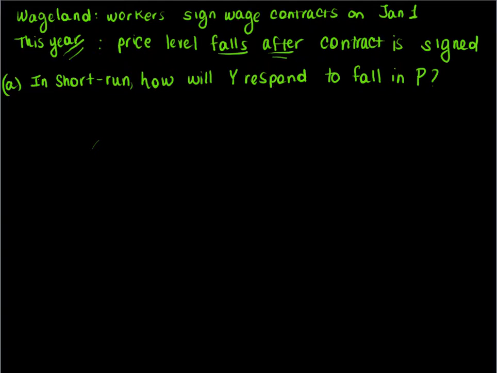So my first step is I am going to draw my two axes. I'm basically just going to set up my model. Remember that when we are doing aggregate supply and demand, on the y-axis we have the price level, P, which is typically measured by the GDP deflator.